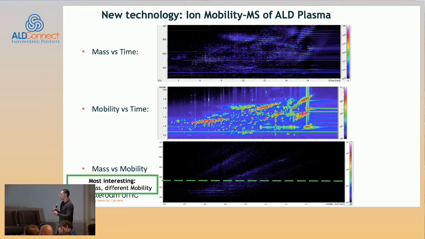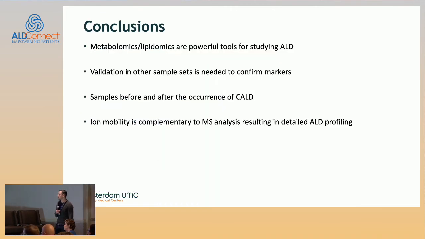So by making these very detailed biomolecular profiles of plasma or of ALD samples, we are able to compare those or relate those to different subgroups, and we are planning to also apply this new technology to that ALD cohort that I just showed. Now, concluding, I hope I convinced you that metabolomics and lipidomics are really powerful tools for studying ALD.